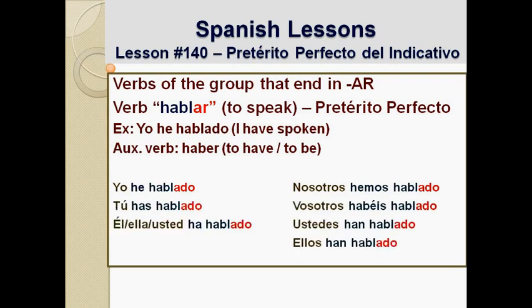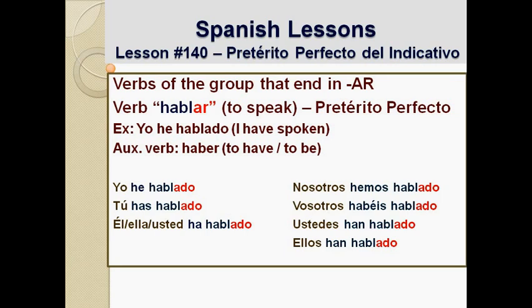So we will begin with the first person, or the first subject pronoun, that is the person I. Yo he hablado. Tú has hablado. Él or ella or usted ha hablado. Nosotros hemos hablado. Vosotros habéis hablado. Ustedes han hablado. Ellos han hablado.